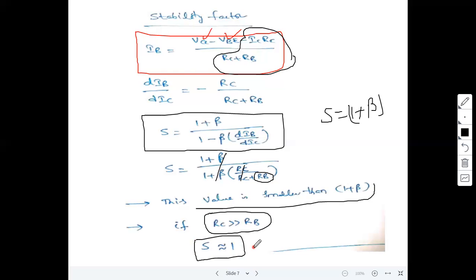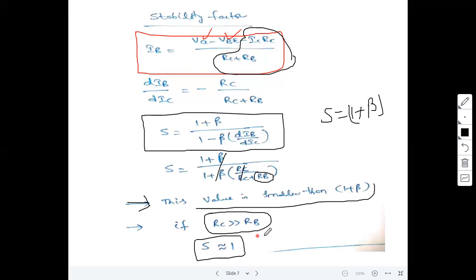When stability factor value is very small, then the stability of the system is very, very high, right? The condition here is that this bias circuit, the collector to base bias circuit, will provide a stability factor value less than 1 plus beta.